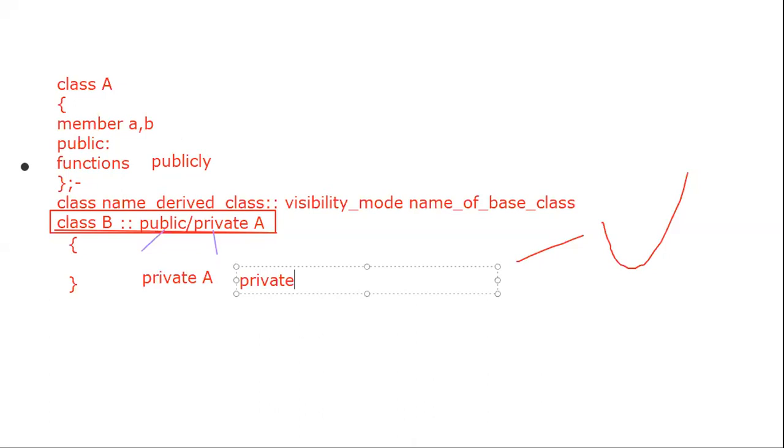Once they are converted into private, they are only accessible with respect to this class. So if we want some functionality from class A only in class B, and we don't want that functionality in another class, in that case we mark it as private.